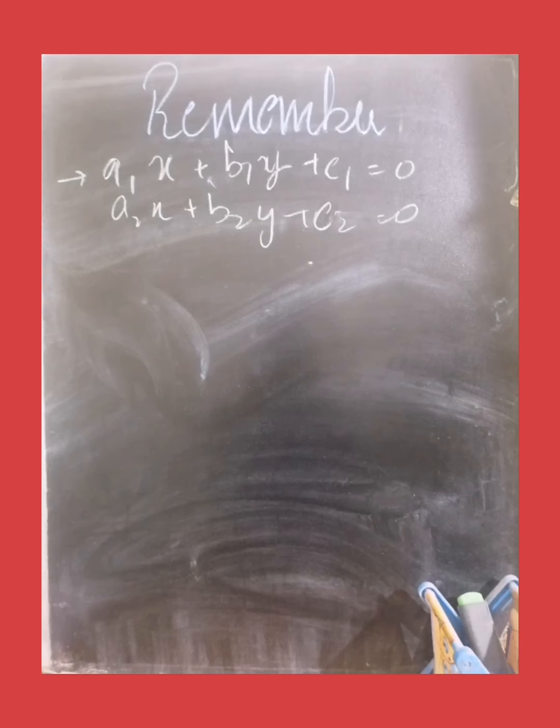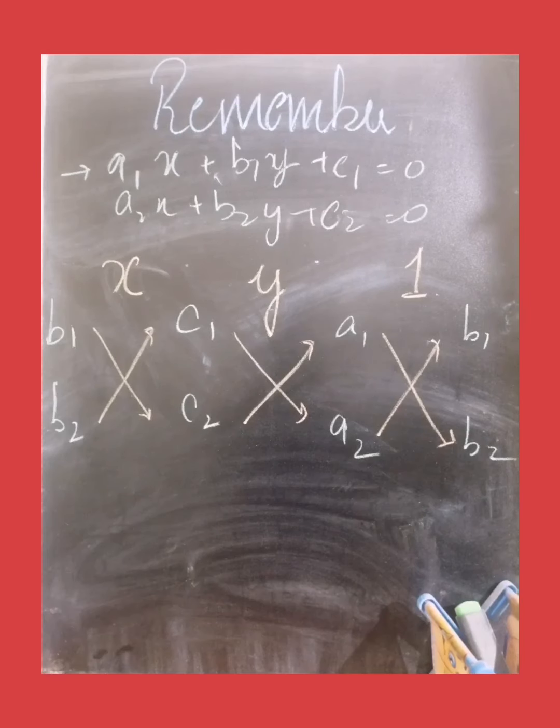Now how can you remember it if you forget in an exam? Here is our example: a1x + b1y + c1 = 0, a2x + b2y + c2 = 0. Firstly you write the variables x, y and 1, as we do not have any variable for c, so I am writing 1 here. Now, for the things different from x, you write in a pattern: b1 b2, then c1 c2, then a1 a2, then b1 b2, and then cross multiply.